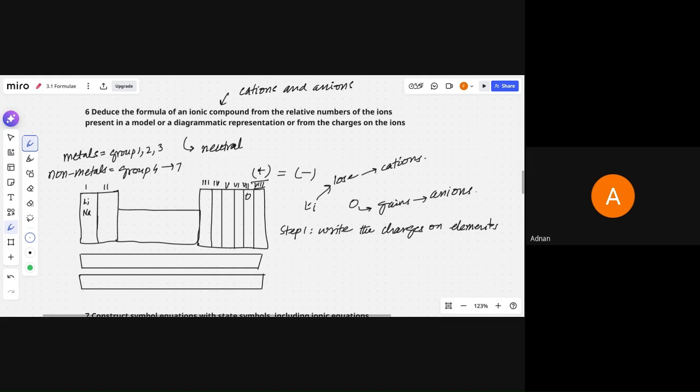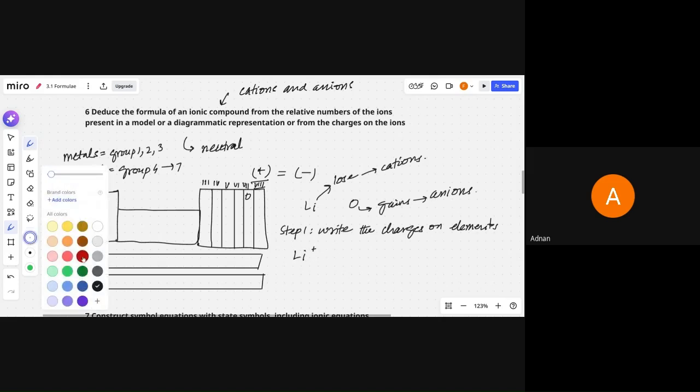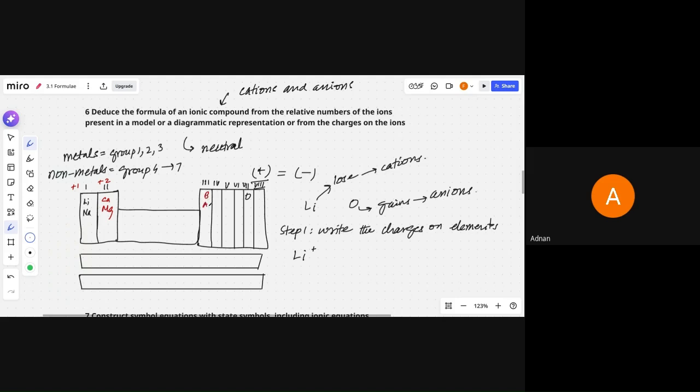Lithium, since it is in group 1, is going to lose 1 electron and the charge will be +1. So let me just write the charges on the groups. Group 1 will make +1 ions. Group 2 elements such as calcium and magnesium will make ions with +2 charge. Boron, aluminum, and the others from group 3 make ions with +3 charge.